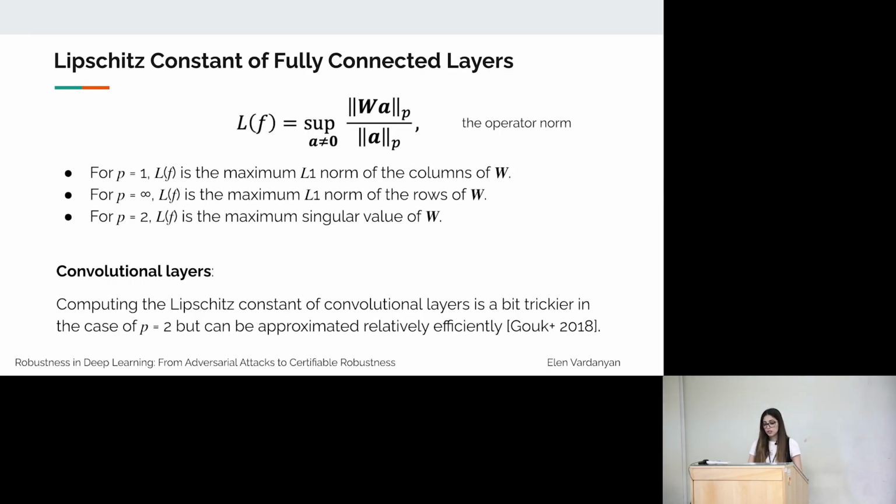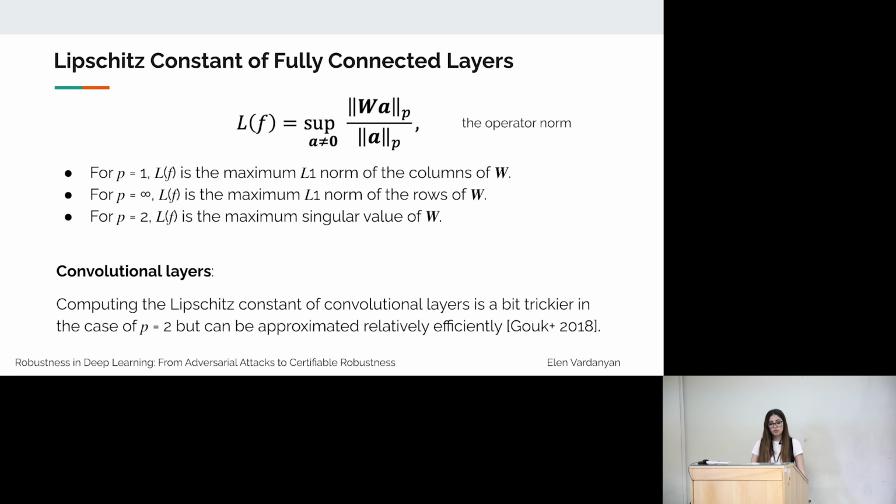As a result, we get the Lipschitz constant as the operator norm, where W is the weight in this linear layer.